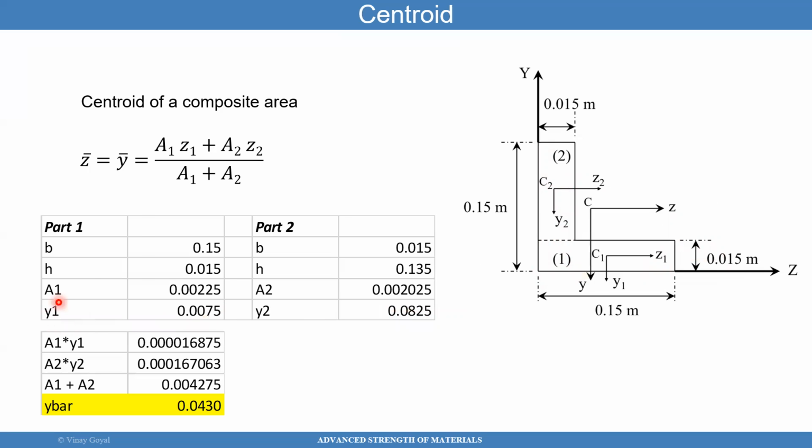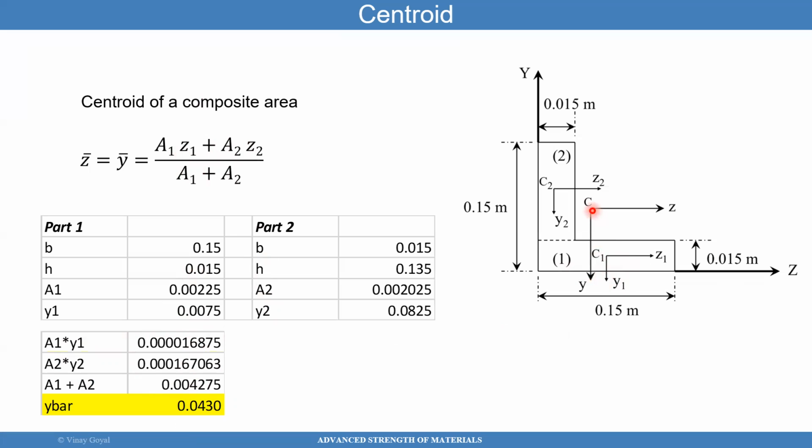Now you're ready. Now you take A1 times Y1, which is 0.0075. I did the calculation there. Then you take A2 times Y2, and right here is the calculation. And then you add these two numbers, done here in Excel, and divide by the area, which gives you 0.043, which is the height from the bottom here to point C.